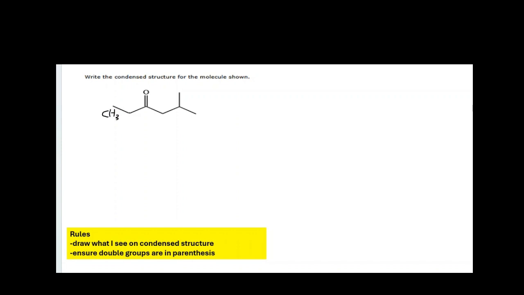Next up, we have a carbon right here, and it has 2 hydrogens, so I'm going to write CH2. And then right here, we have another carbon, which is attached to an oxygen and another carbon, so I'm going to write CO. And then with this one, this is a CH2, so I'm going to write CH2.